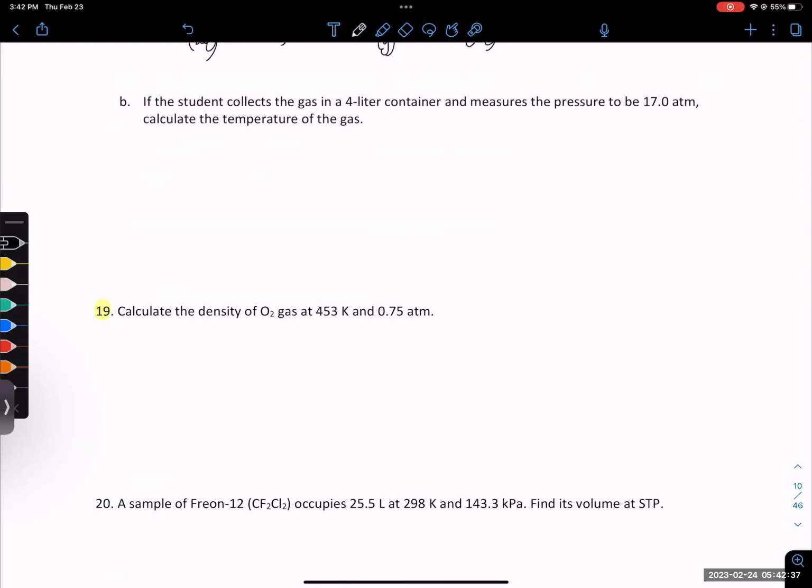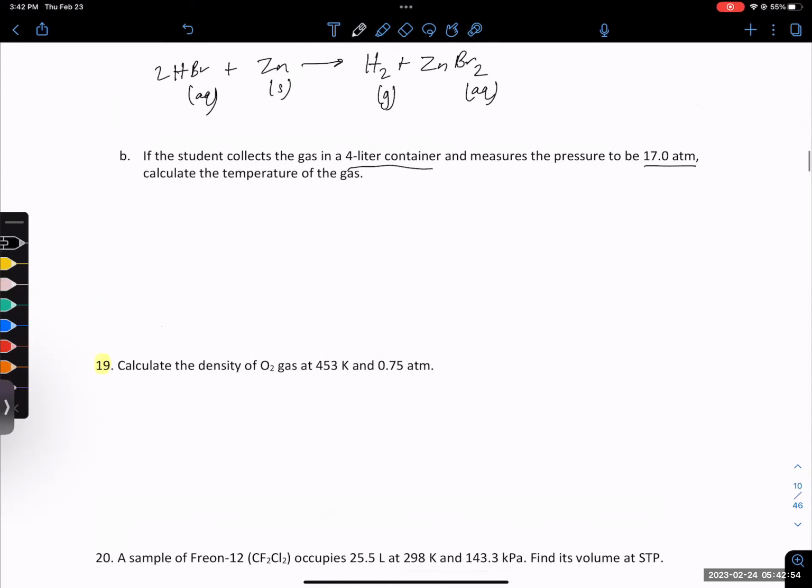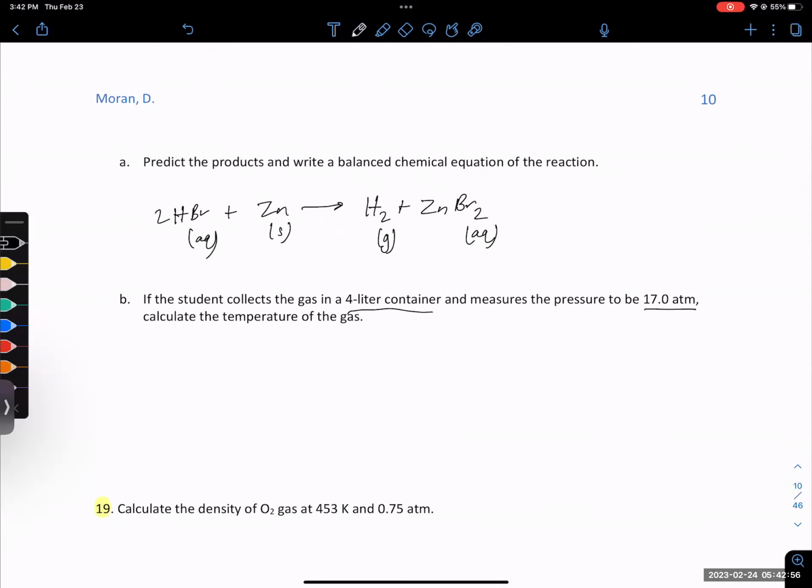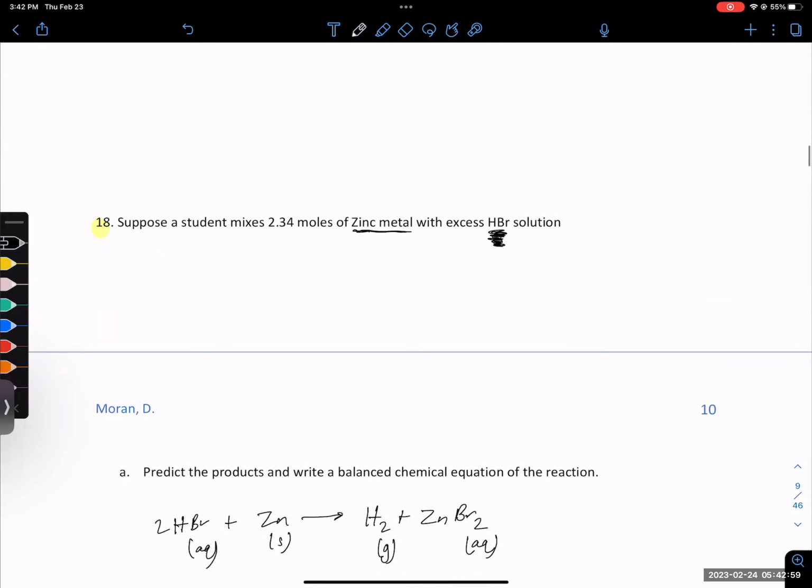Pretty good show. The student collects the gas in a 4-liter container, measures the pressure to be 17 atmospheres, calculate the temperature of the gas. So what equation would we use? What other information were we given in the very beginning too?